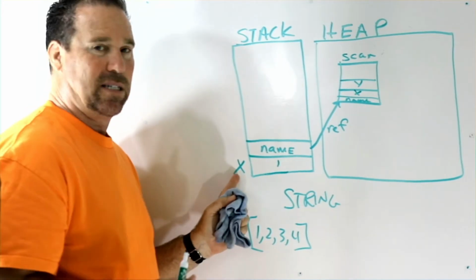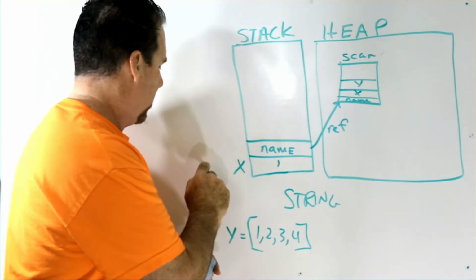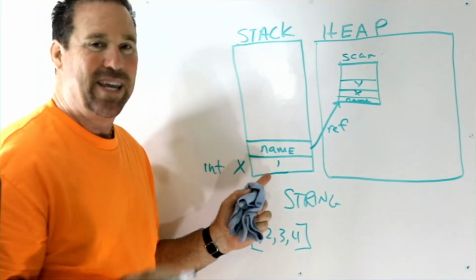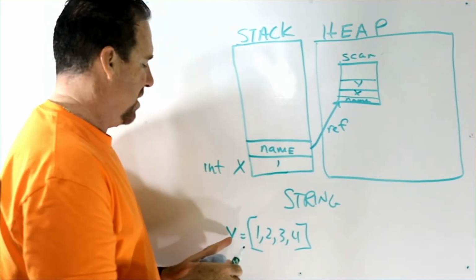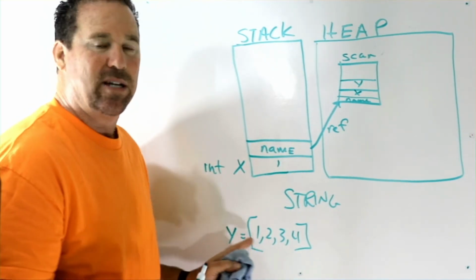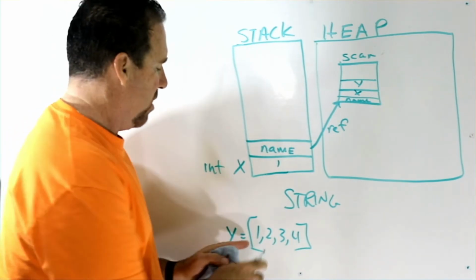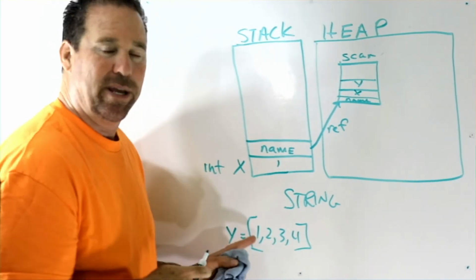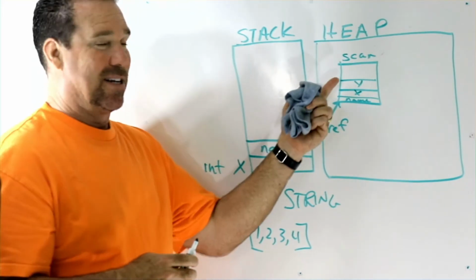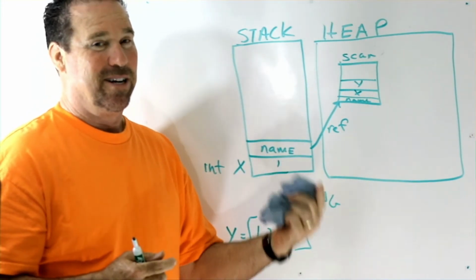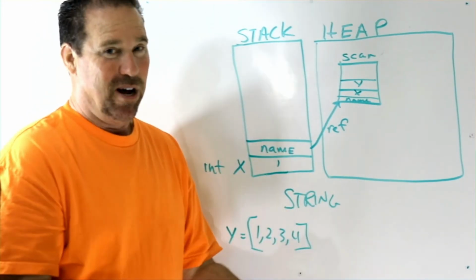When usually X, if it's just int X, it can only hold integers. If Y is equal to this, Y is holding an array. That's all it could hold. And the array can only hold integers. But an object could hold strings, integers, booleans, images.